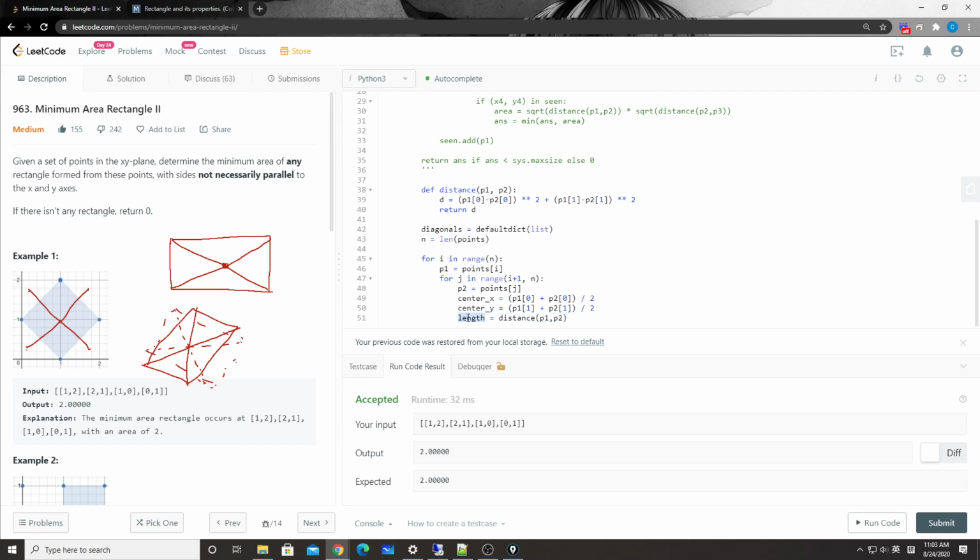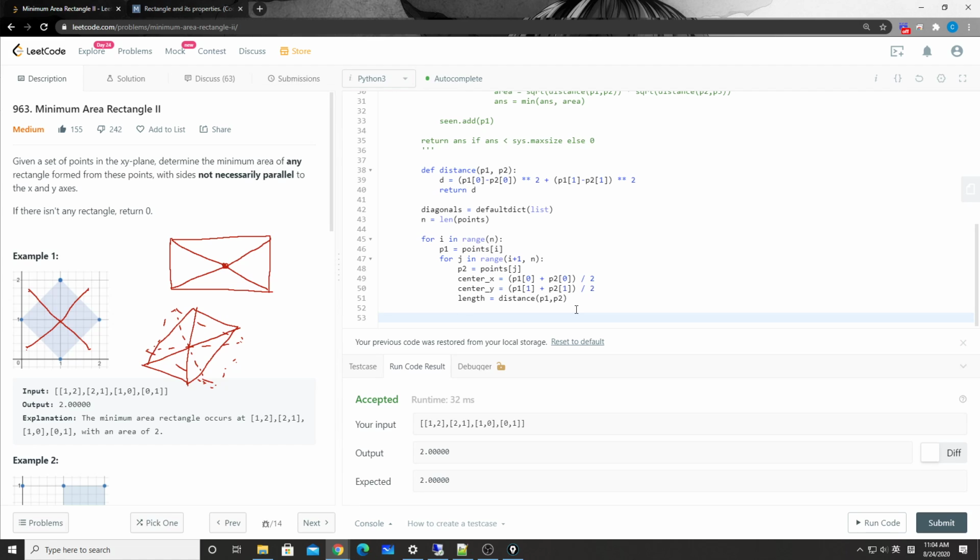Remember this length is like the power, the square of the actual length, but it doesn't really matter. We just need a unique value that can be a part of the key. So it doesn't really matter if you do a square root or just use the square version.